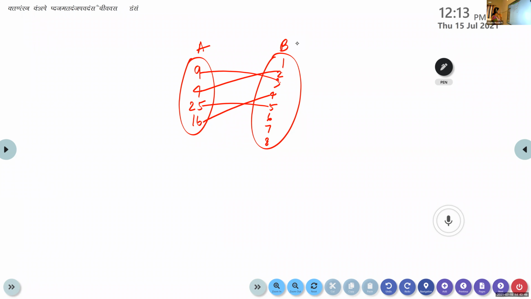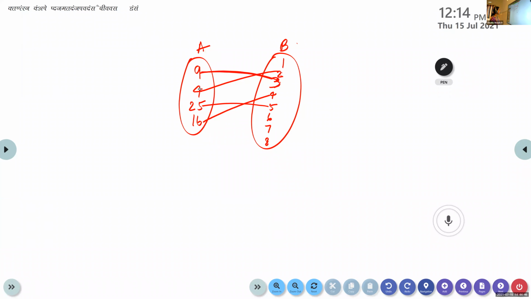What about the image of 16? Image of 16 is 4. And what about the image of 25? 5. What is the pre-image of 3?